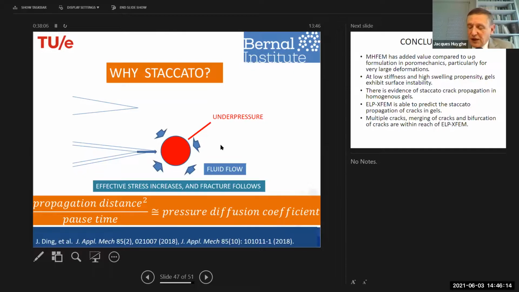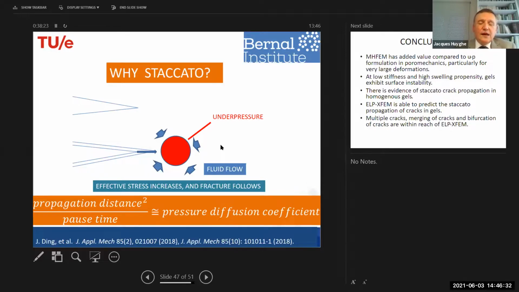And his critique against XFEM is that when you do XFEM simulation on those shales, you find just one crack, and that's all. And he says, yes, but there should be thousands in order to explain the output of gas.